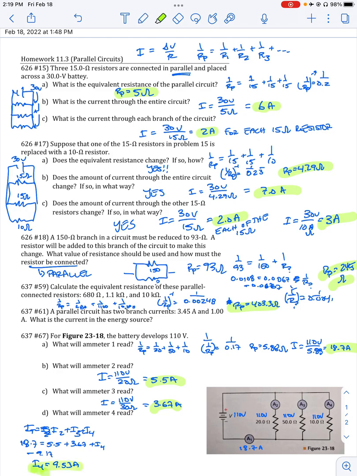Or we simply go ahead and say I equals 110 divided by 10. Oh, wait, that equals 11. What's going on here? Equals 11 amps. 50.